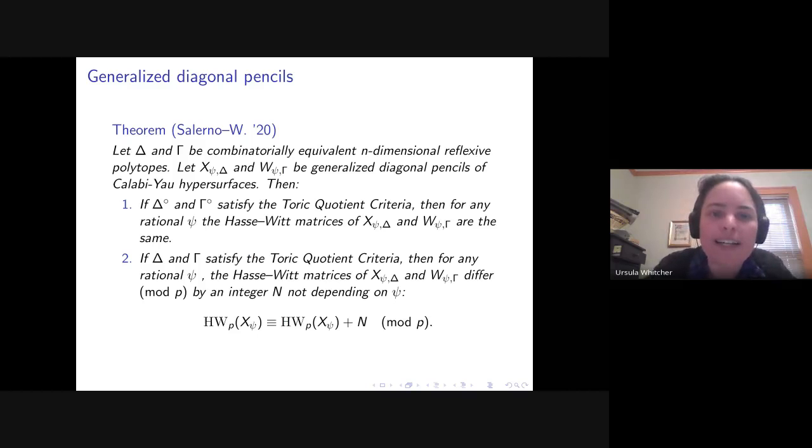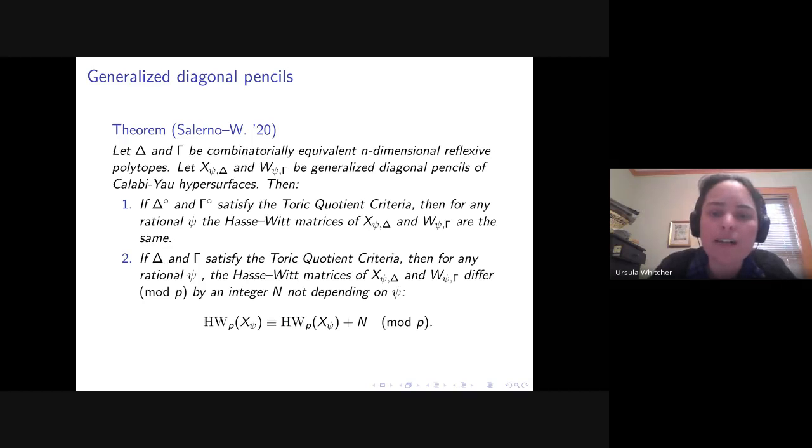So that's one of the things that Adriana and I did in our paper that's on the arXiv. We took combinatorially equivalent polytopes. We looked at the generalized diagonal pencils, the generalization of the Fermat pencil that we've been looking at. And we said, okay, if we've got two diagonal pencils where the underlying polytopes satisfy this toric quotient criteria, we know their Picard-Fuchs equations are going to be the same.